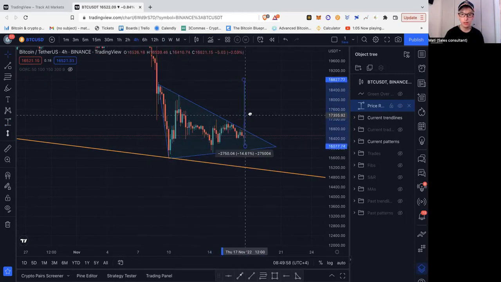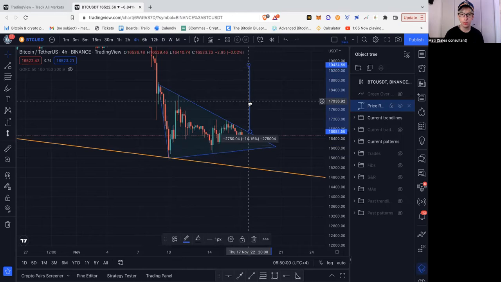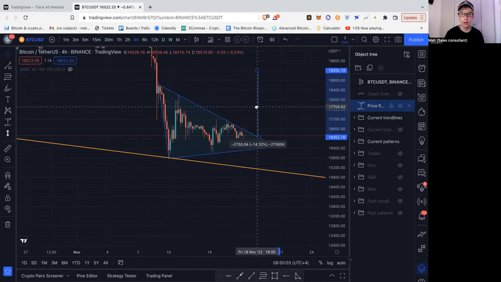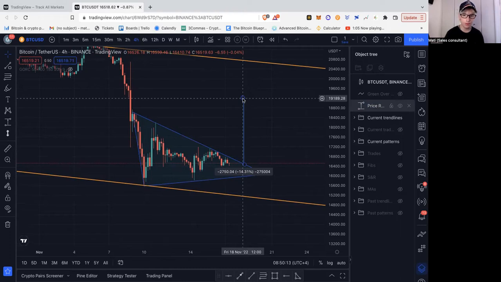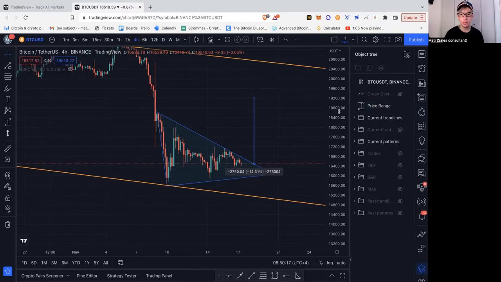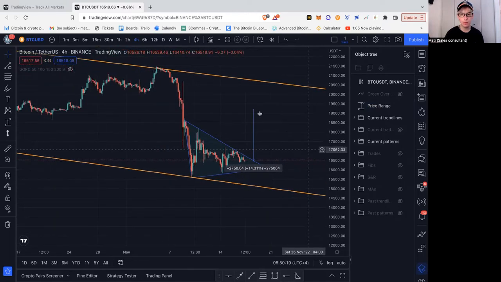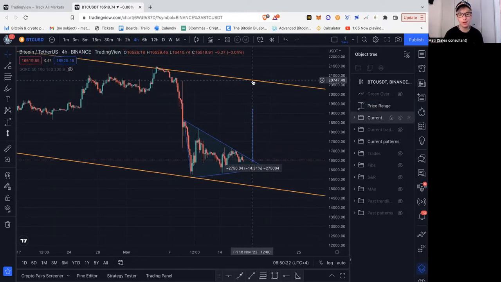And if it were to break out towards the upside, and let's say it breaks out from around here, we could see that the target would be a little bit above $19,000. This would still imply that the Bitcoin price is still inside of this ascending channel.